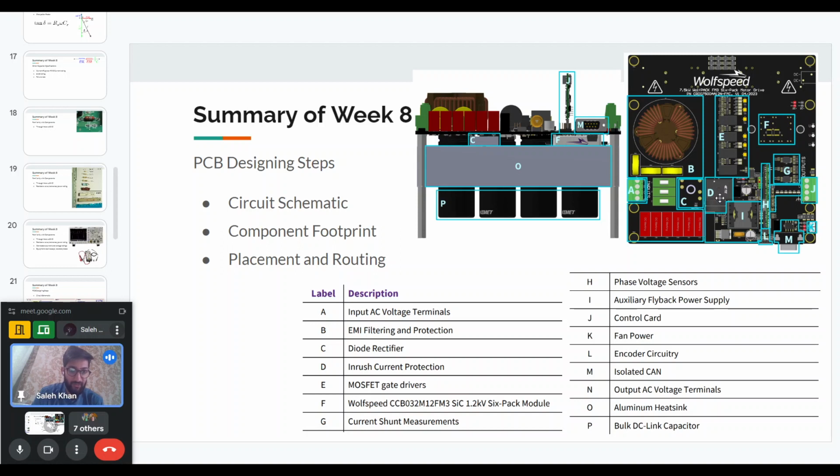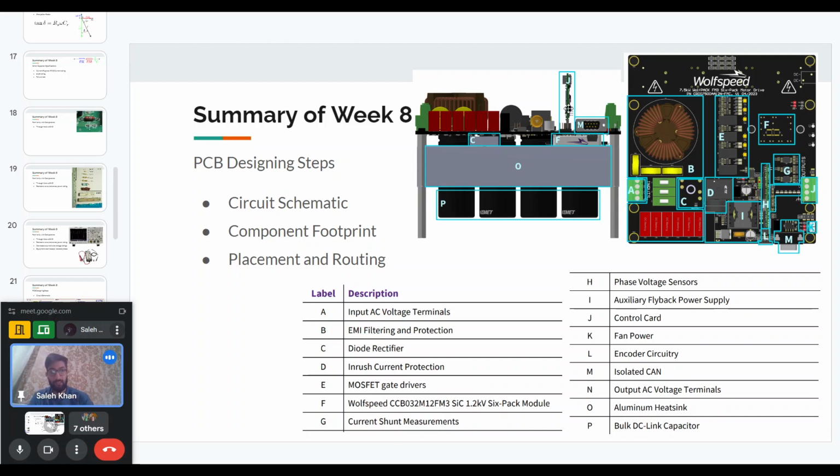Then we have some protective circuits. This E portion is the gate drive portion, and as I mentioned, they have four isolated DC-DC converters, and they will have six driver ICs, as you can see here, and then these are connected to the MOSFET. The MOSFET is actually this one single module with six MOSFETs, and on top of this MOSFET module is your controller, and we saw the controller card that they have.